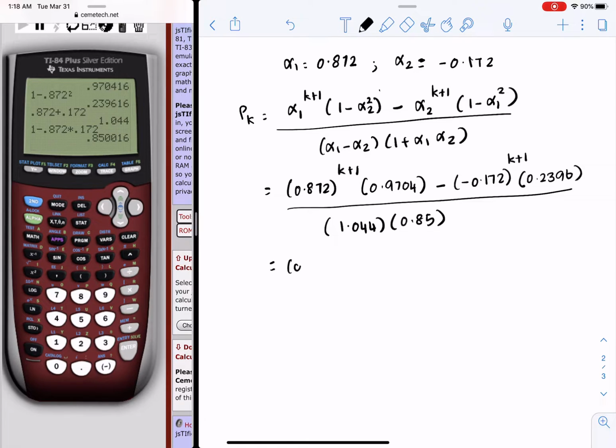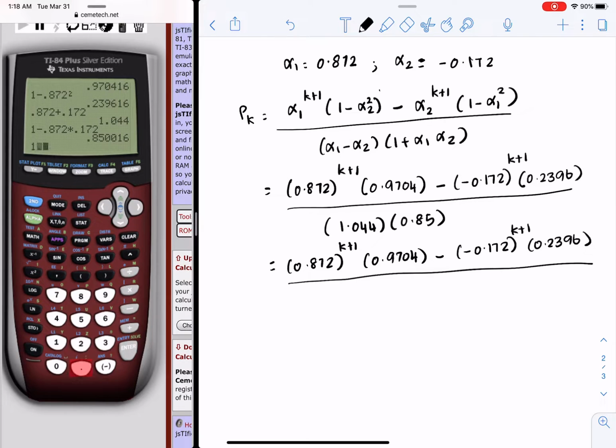So we have 0.872 raised to k plus 1 times 0.9704 minus negative 0.172 raised to k plus 1 times 0.2396, divided by 1.044 times 0.85. And that is 0.8874.